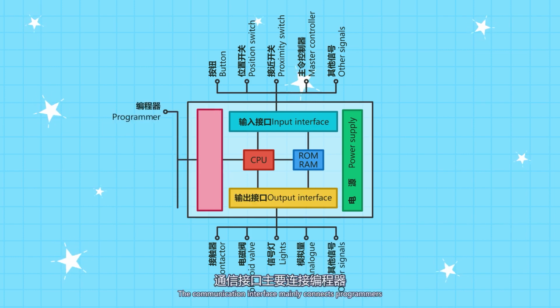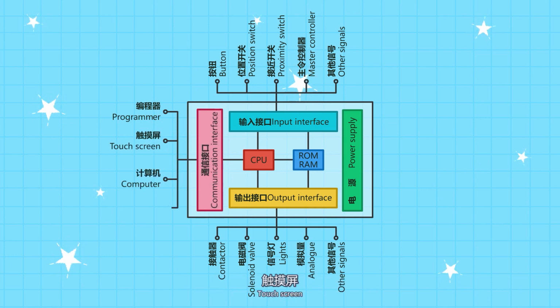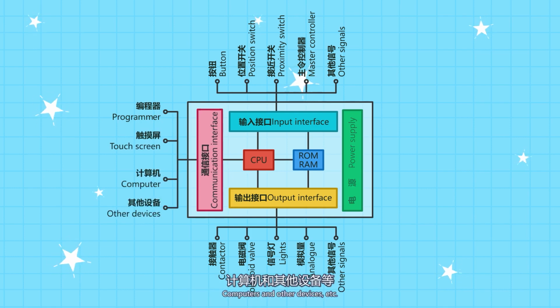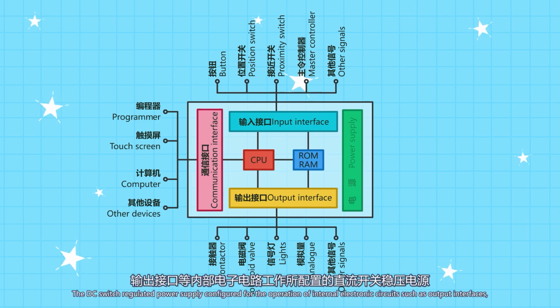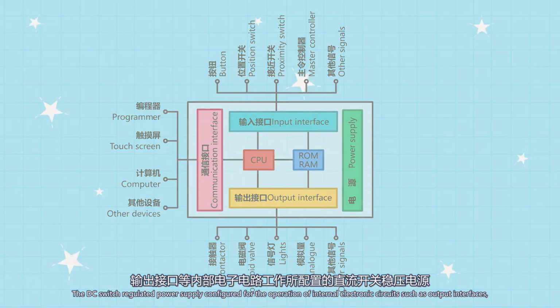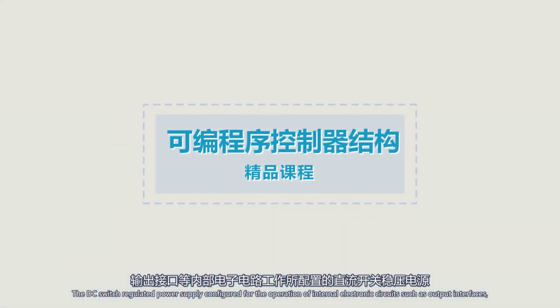Communication interface mainly connects the programmer, touchscreen, computer, and other devices. Power supply is for the CPU, memory, input interface, output interface, and other internal electronic circuits to work. Configured DC switching regulated power supply usually also provides DC power for input devices.